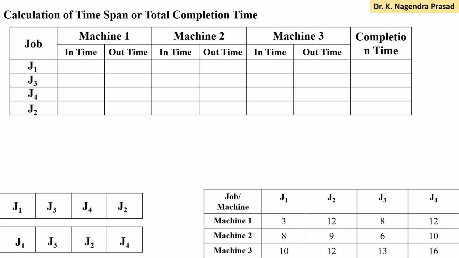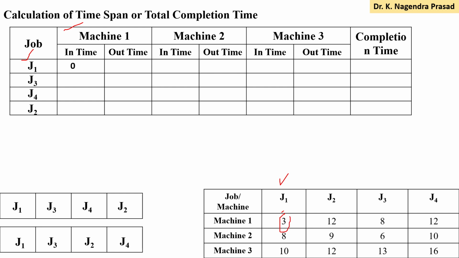Next I go for the calculation of completion time for the first job, J1. J1 has to be moved to machine 1. J1 is the first job and machine 1 is also the first machine. So in time should be 0 and out time is the in time plus processing time.